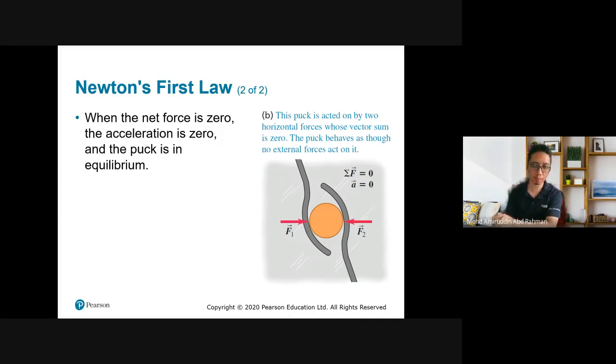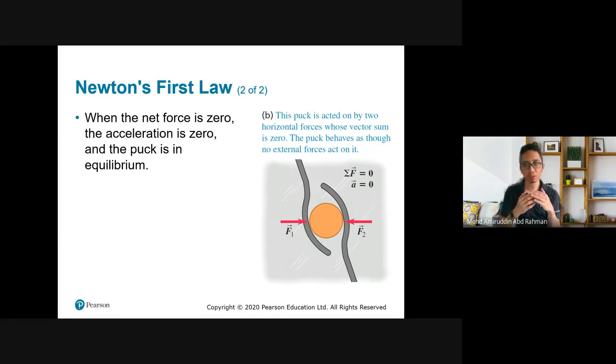Let's say you are player 1 and your friend as player 2 also swings the hockey stick, but both of you are swinging with a similar force. Of course, the net force acting on the puck will be 0. So when the net force is 0, of course the puck will not move, right? This is in theory.